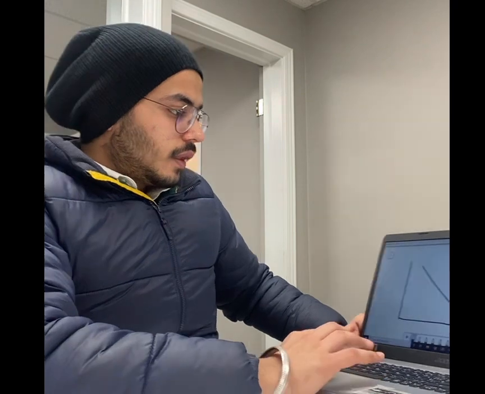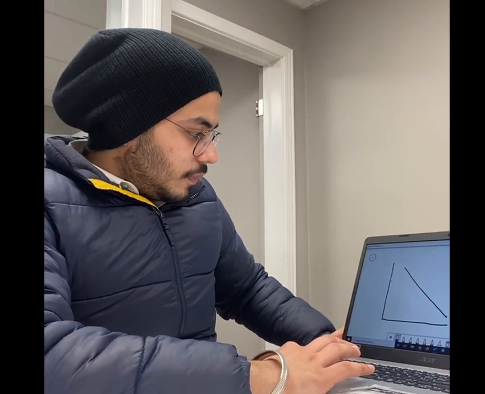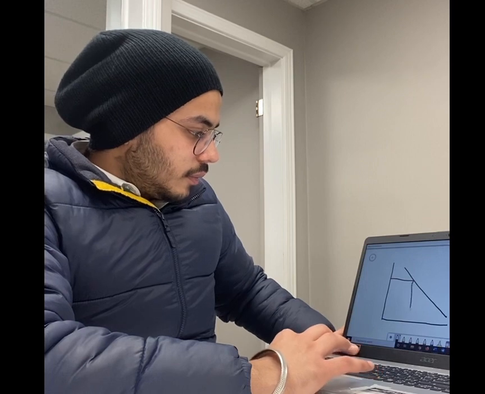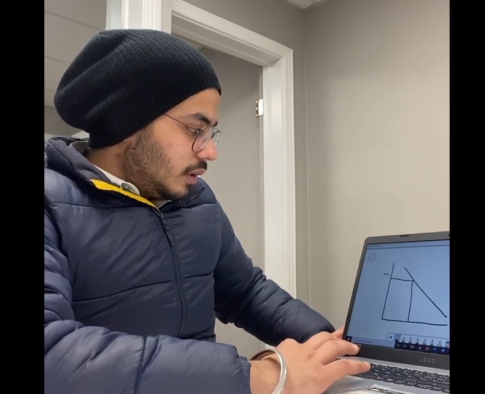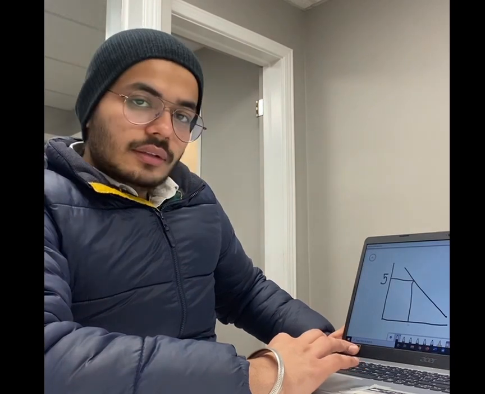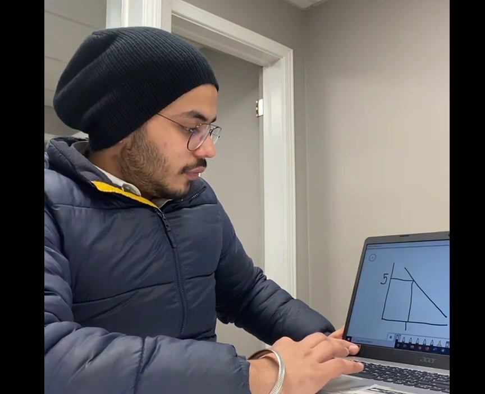A substitute is something we can use in the place of another thing. We can use it interchangeably. So I will explain it through a curve. This is the demand curve, which is downward sloping, and for example, earlier the price was $5 and we were demanding 10 units of, let's say, oranges.